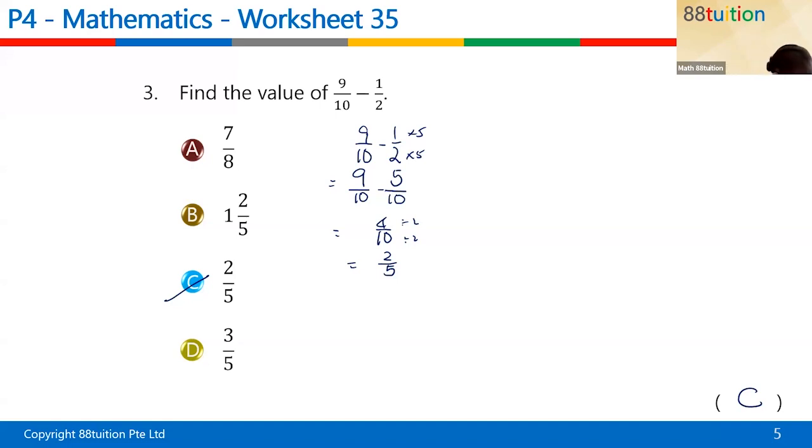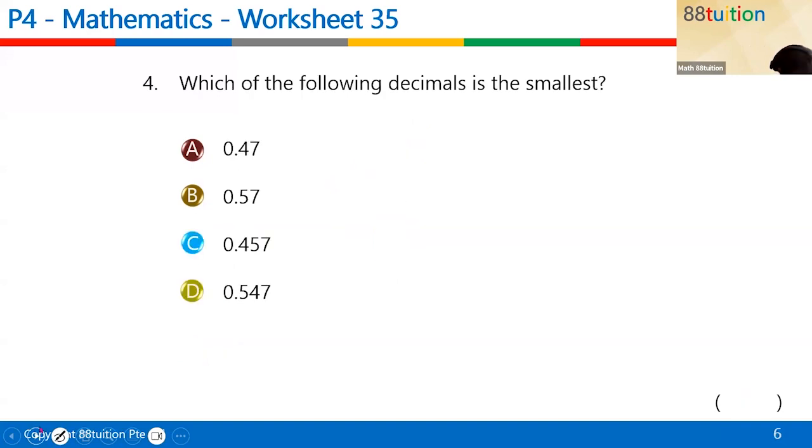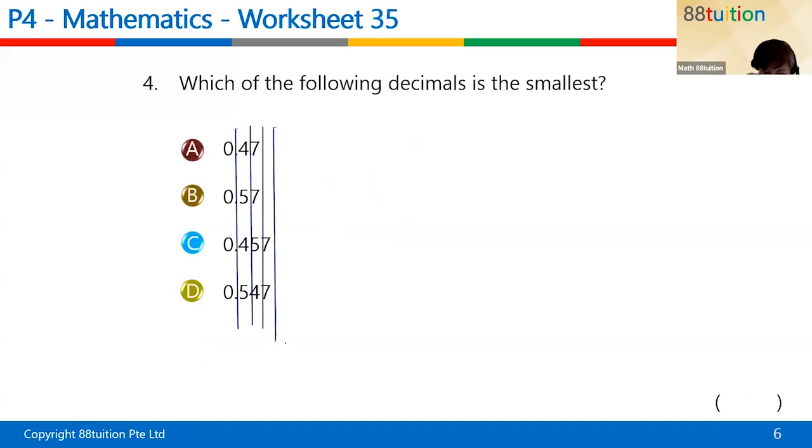Which of the following decimals is the smallest? Okay. Now, if you take a look, last time I used to have this column decimal chart. Okay. So the decimal chart actually has its values here.